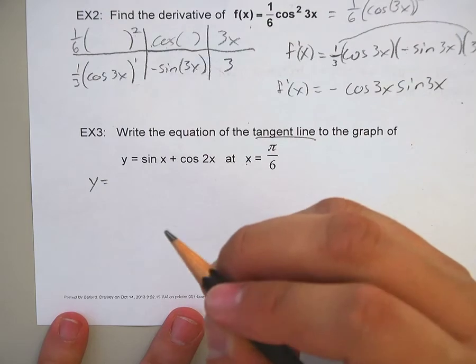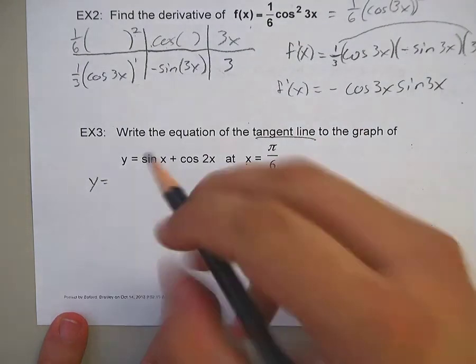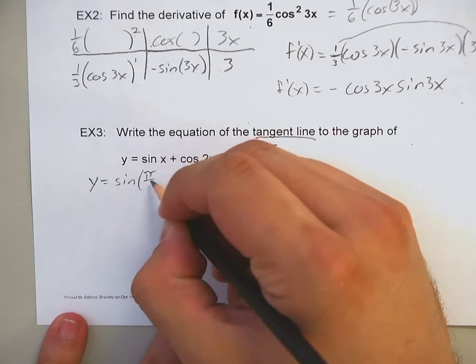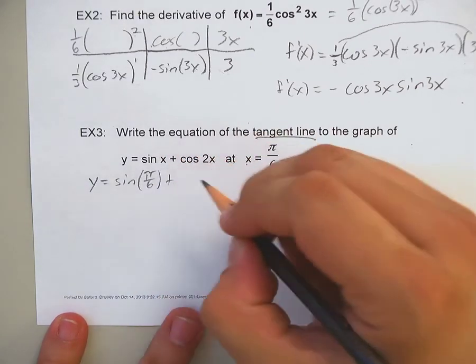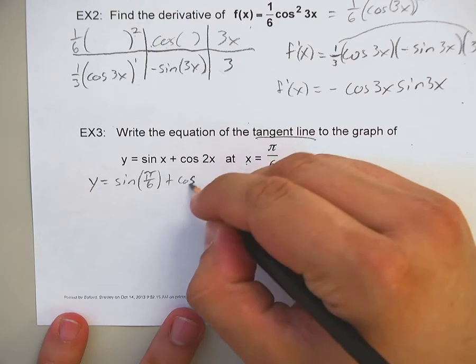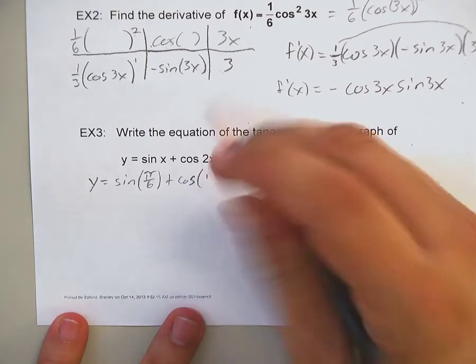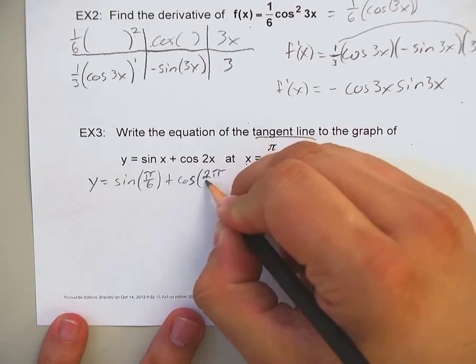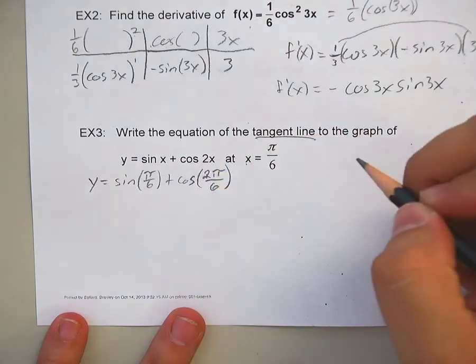So y is equal to sine of pi over 6 plus cosine of 2 pi over 6, since we're multiplying by 2.